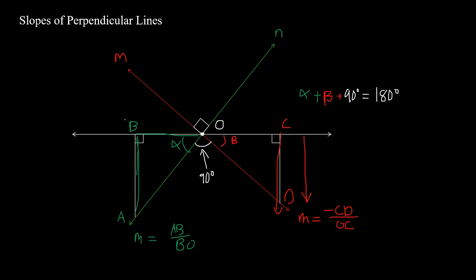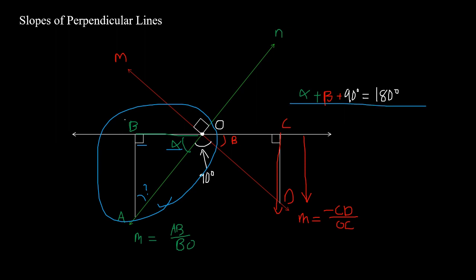Well, if we look at this triangle over here, ABO, we have angle alpha plus 90 degrees plus some unknown angle equals 180 degrees, and we know this is equal to 180 degrees because that's how many degrees are in a triangle. So what is this unknown angle?